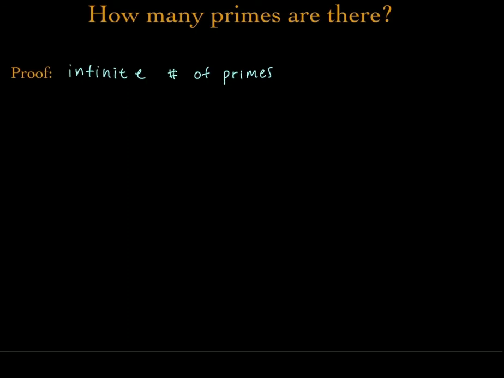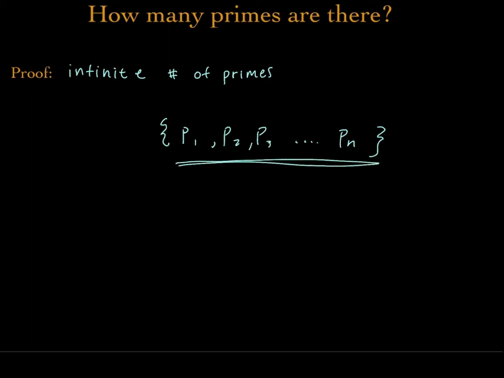So to start off, let's have a finite amount of primes. Let's have our prime 1, prime 2, onto prime n. This is the last prime on our list because we're assuming that there's a finite amount. So here's our little list here. Let's introduce a new number, let's say q.